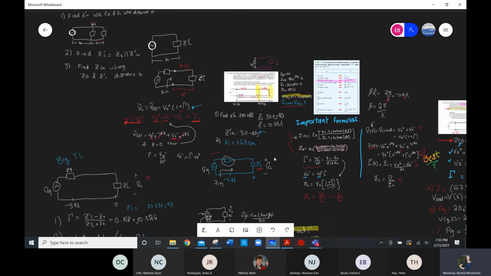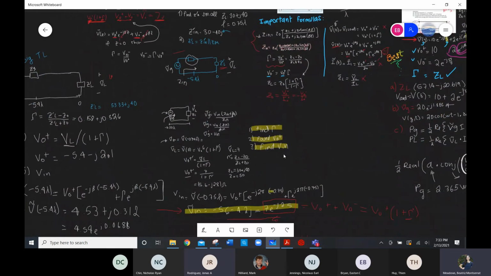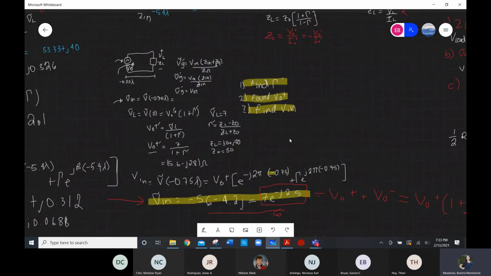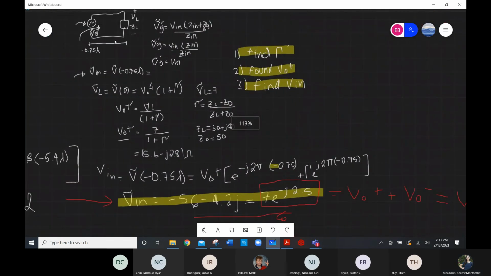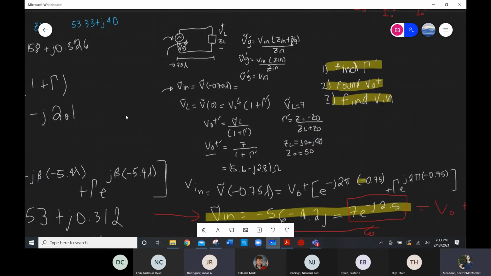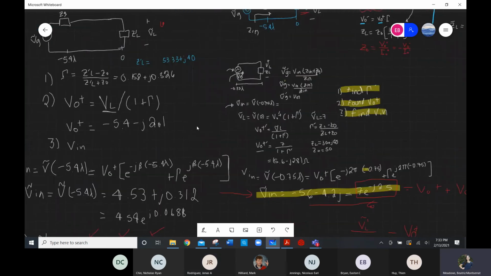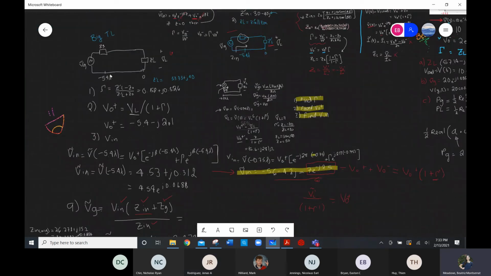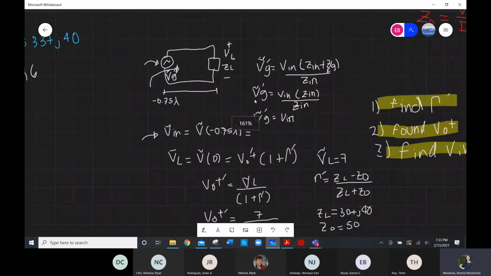Then on the second part of the problem, we use the little transmission line. We solve for this voltage. And then on the third part of the problem, we just took it into the big transmission line. He could easily give you the voltage at the generator and ask you for the voltage at the load, and all you have to do is reverse this process.